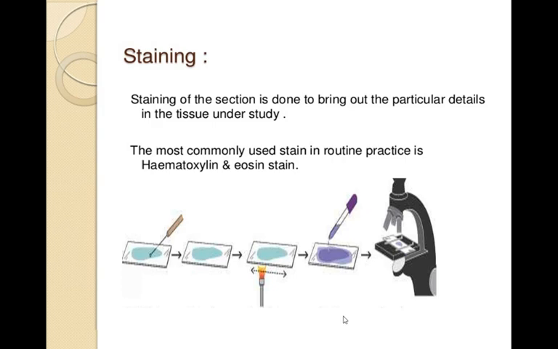Now, I would like to discuss the staining process. It is a very interesting process according to me, as I have done so much staining in my graduation. So what happens? The staining of the section is done to bring out particular detail in the tissue under study. As staining increases the contrast and visibility, it is used.